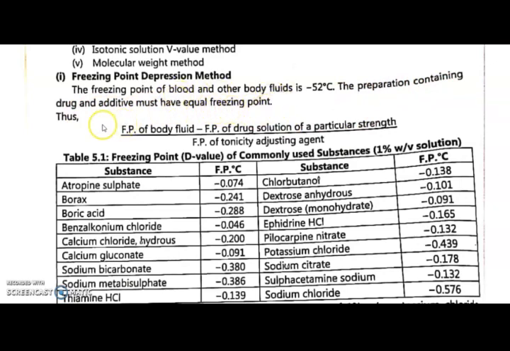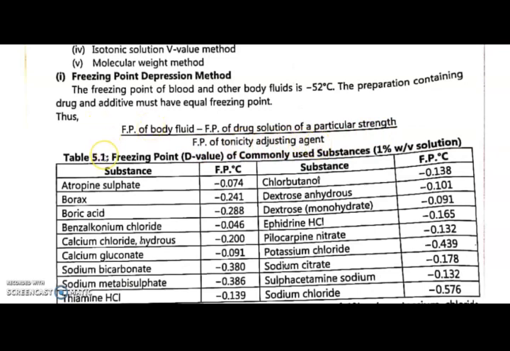So, the equation used for calculation of percentage amount of tonicity adjusting agent to be added for making a solution isotonic with a body fluid is given as: freezing point of body fluid minus freezing point of drug solution of a particular strength, divided by freezing point of tonicity adjusting agent.